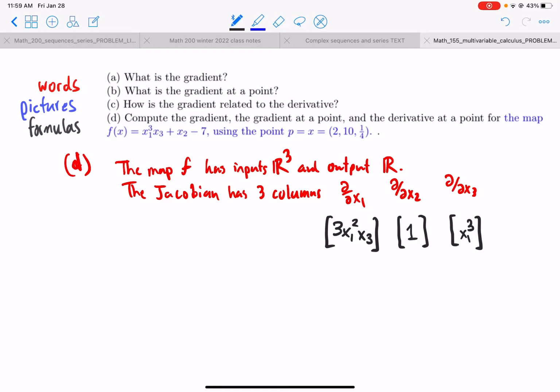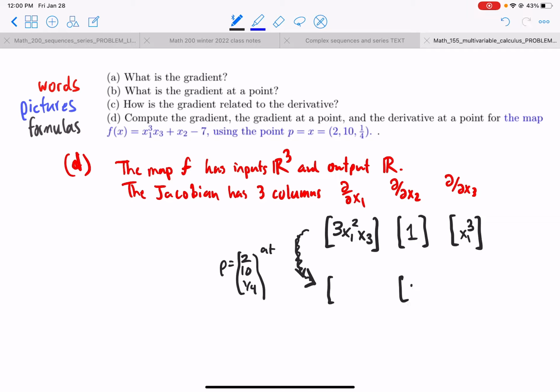Okay, so that's the Jacobian. Now if I plug in, I guess like this, at p equals (2, 1, 0, 1/4), that's what they told me. I called it p and x, I guess, because the variable names were x1, x2, x3. But anyway, then I just plug in.